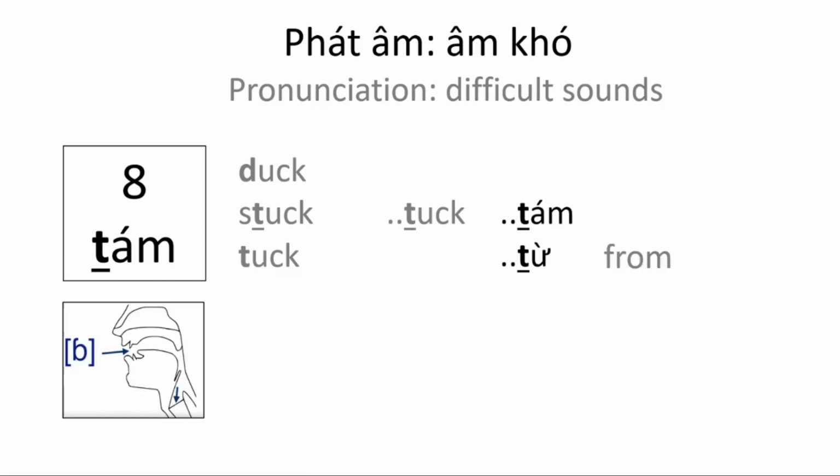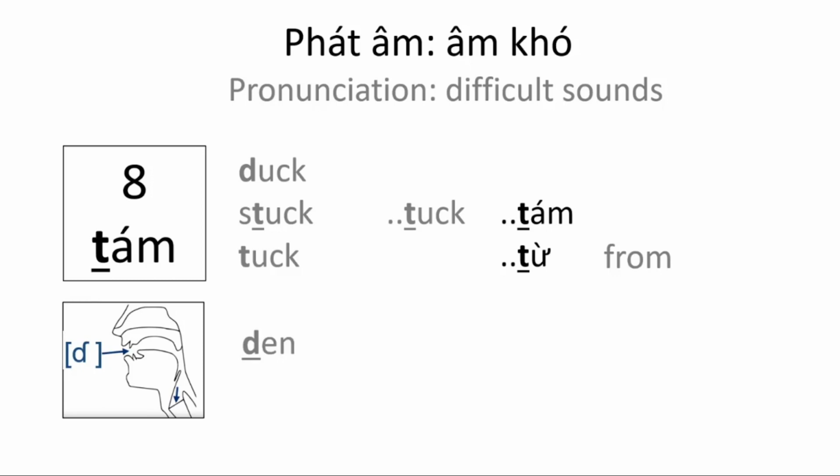Remember this implosive b sound we learned in the first lesson. Now there are two implosive sounds in Vietnamese, and the second is da, and it's pronounced in the same way as the b sound. You depress the glottis and air flows into the mouth. So in English we would say den, as in a fox's den.